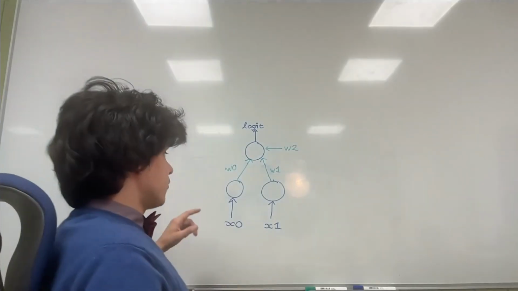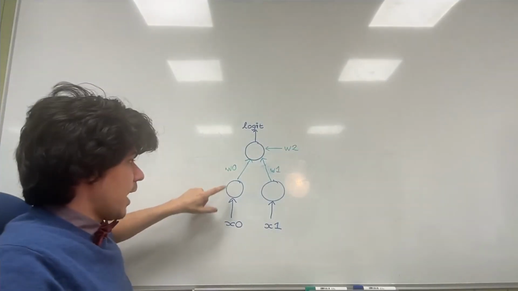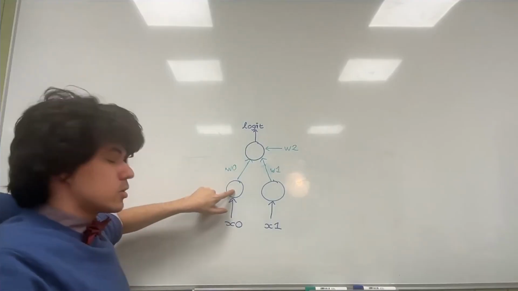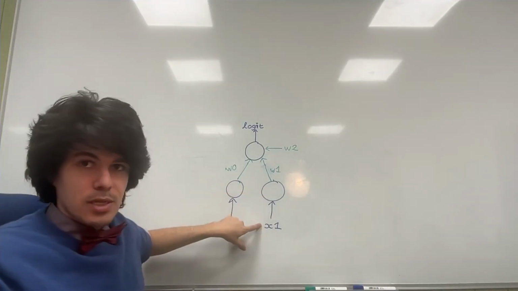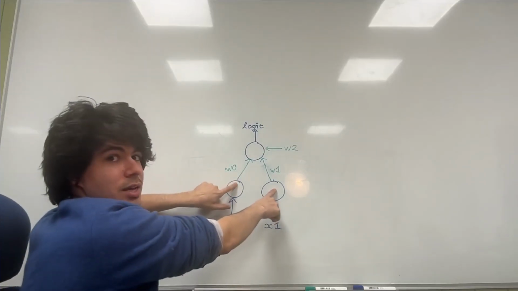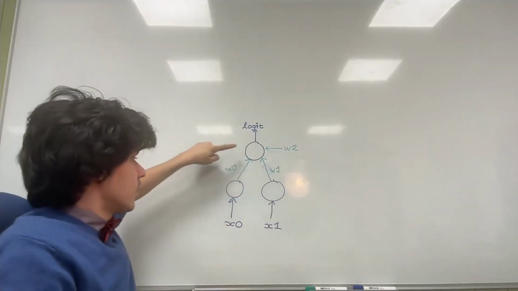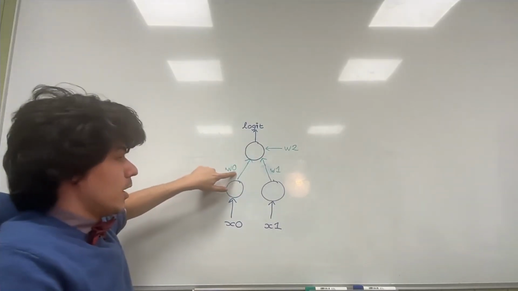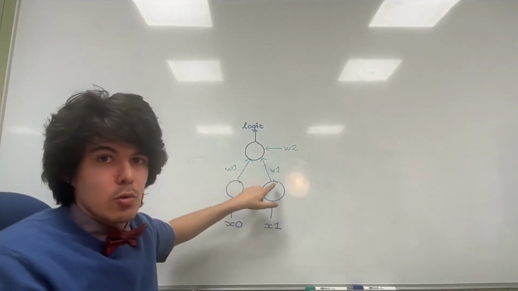Behind me, I've drawn an example of the perceptron that we're going to be studying. I've drawn one circle to represent x0, the first input, and another circle to represent x1, the next input. These inputs go up to this neuron, which is the perceptron itself. One is scaled by one weight and the other by another weight; you could call them W0 and W1.